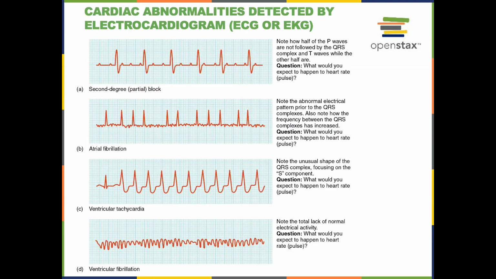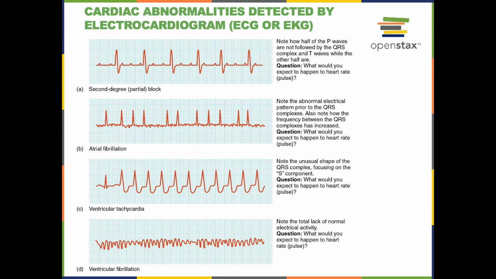A major clinical application of the electrocardiogram is in the diagnosis of cardiac abnormalities such as arrhythmias. So an abnormal heart rhythm, an arrhythmia, or an uncoordinated atrial and ventricular pattern of contractions could be detected with an ECG.